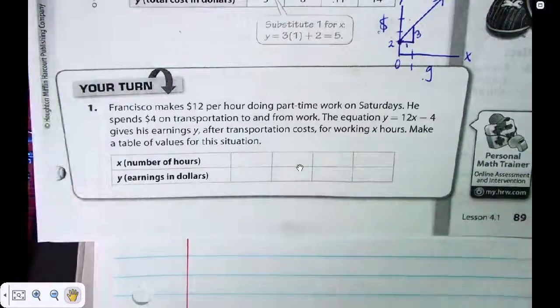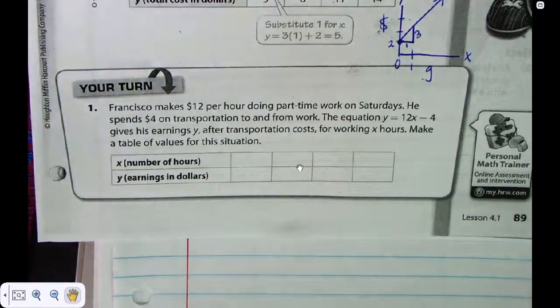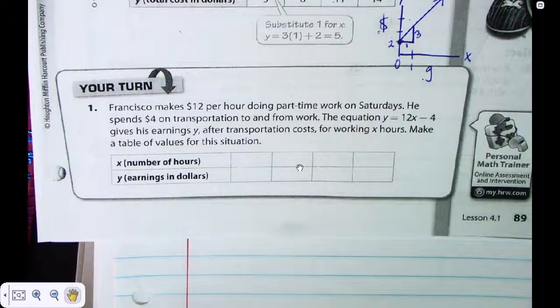Francisco makes $12 an hour doing part-time work on Saturdays. He spends $4 on transportation to and from work. Guys, I've been to New York City twice and have ridden the subway. A lot of people in New York City do not own a vehicle.